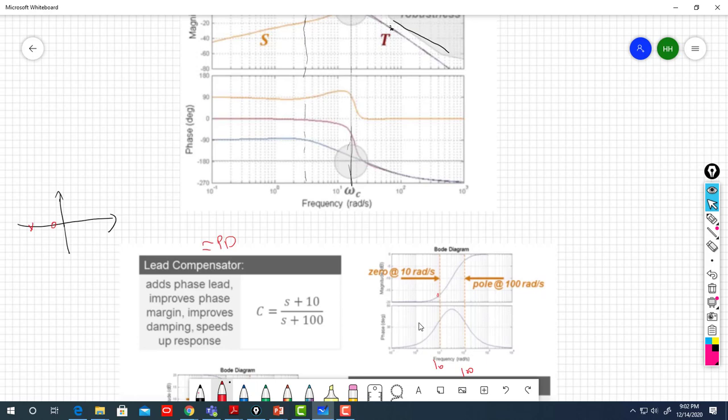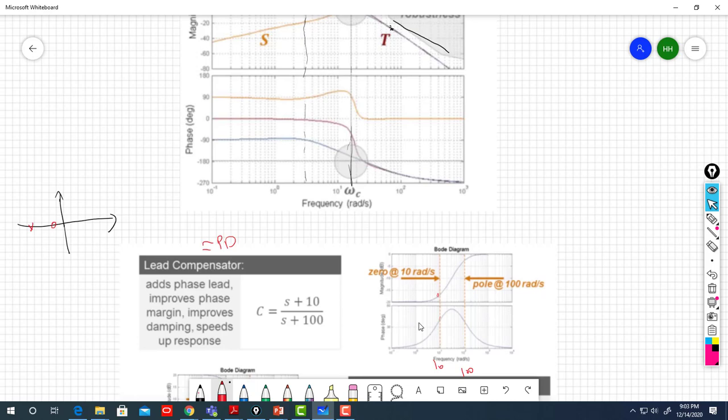Alright, so this is expected. So here the phase should go to 90 from 0. Then here it should go to minus 90. So 90 and minus 90 returns back to 0. Alright, so that's basically the shape of the C controller, the lead compensator.